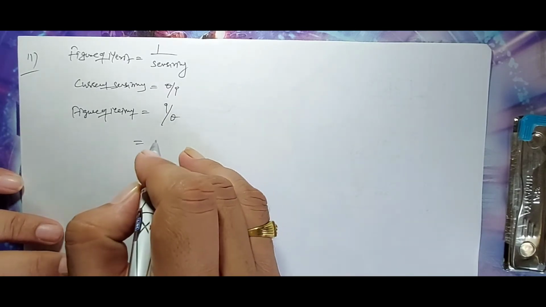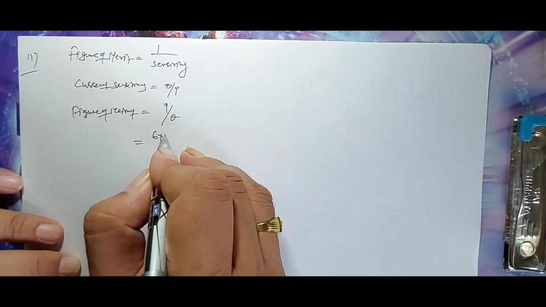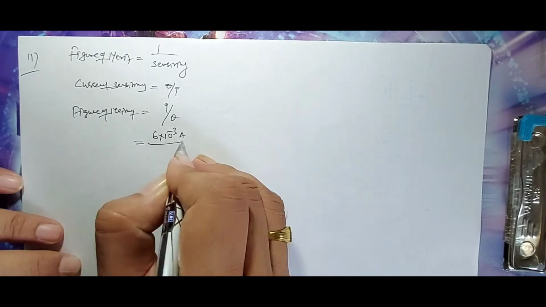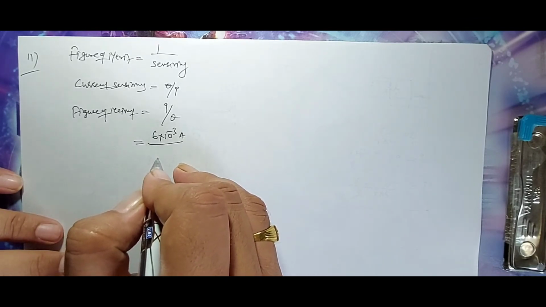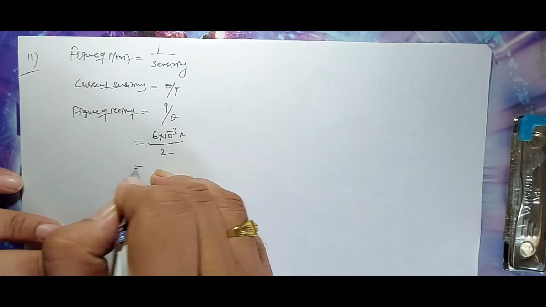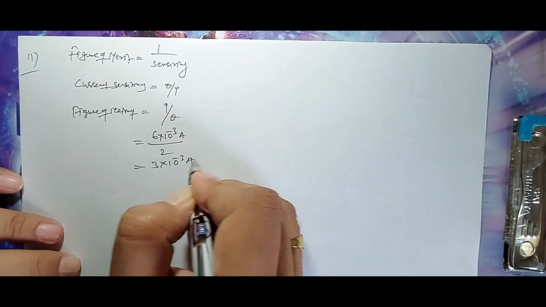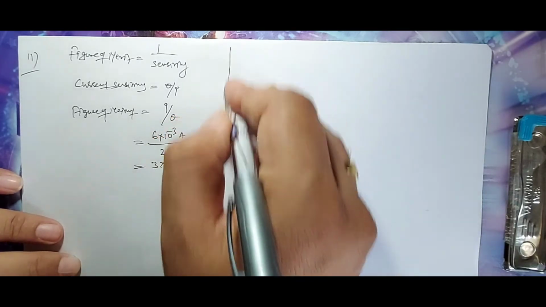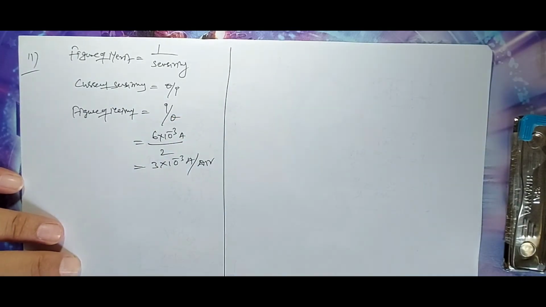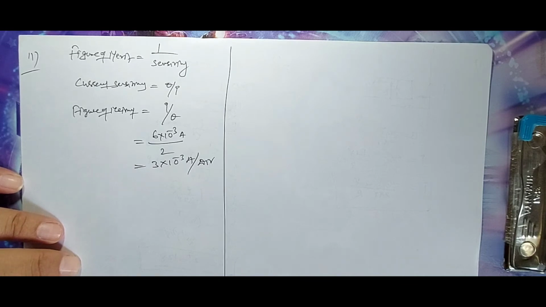I is 6 milliamperes, 6 into 10 power minus 3 amperes. Theta is 2 degrees. That is equal to 3 into 10 power minus 3 ampere per division. This is a very easy question. So our option is option 2.